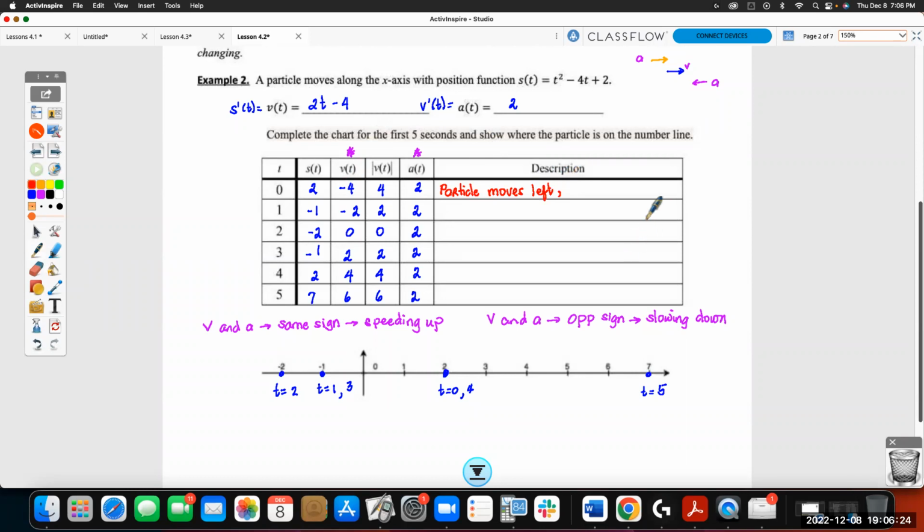Now, is it speeding up or slowing down? Let's look at the sign. Velocity is negative, acceleration is positive, they are opposite signs. So we say that the particle is slowing down.